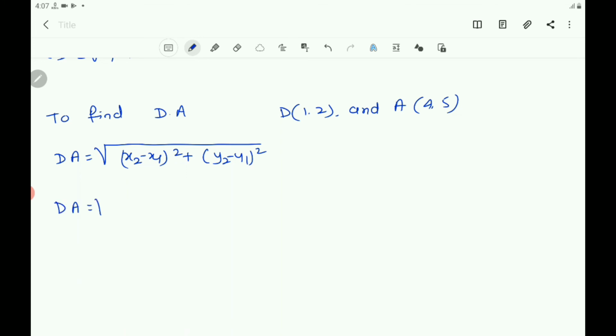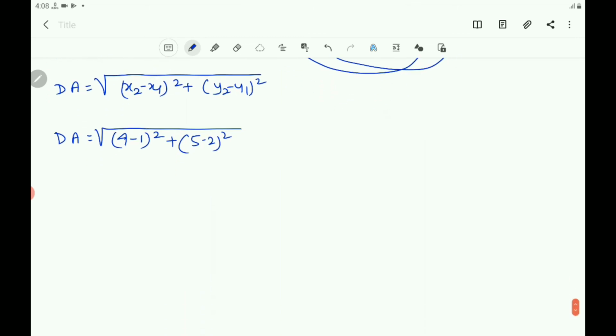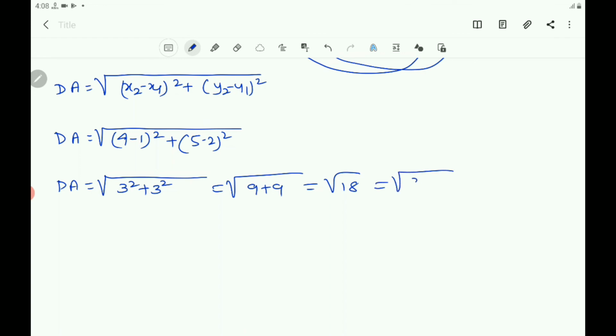Then DA equals root of (4 minus 1) whole square plus (5 minus 2) whole square, which is 3 square plus 3 square, 9 plus 9, root 18. That is square root of 9 into 2, which equals 3 root 2. So this is the fourth one.